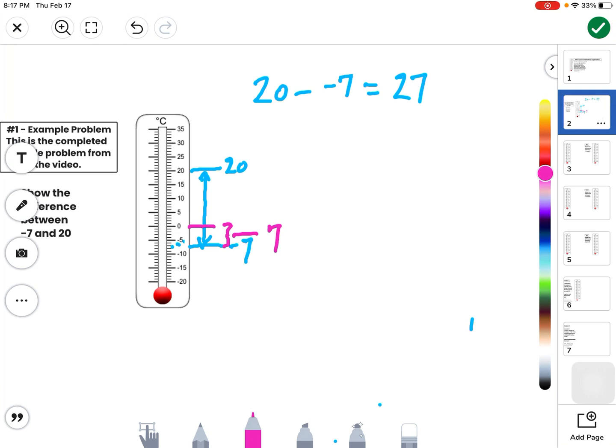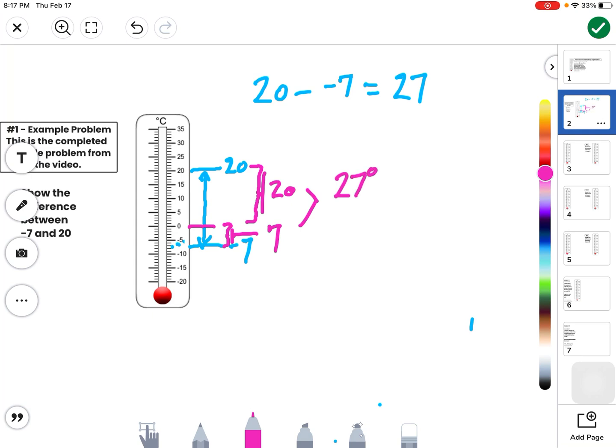We have to go up 7 degrees to get to 0. And then I need to find the difference between 20 and 0, which is obviously 20 degrees. So if I take this difference, which is 7, and add it to this difference, which is 20, that gives me a sum total of 27 degrees difference.